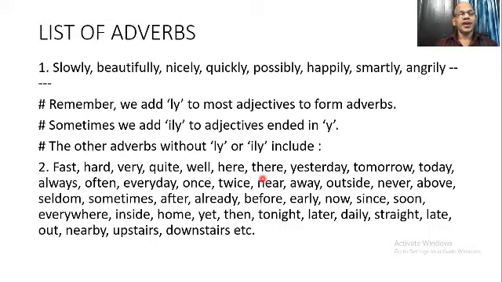So let us remember some points. We add ly to most adjectives to form adverbs. See, slow, slowly; beautiful, beautifully. So we use ly to form adverbs. You can form thousands of adverbs adding ly to adjectives.